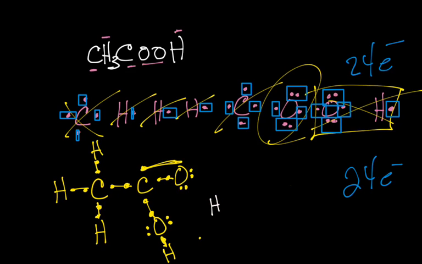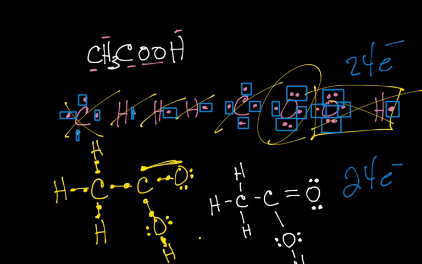So we have H connected to a C, H connected to a C, and then we have a double bond O with some paired electrons, and we have an O with some paired electrons connected to an H. So, sorry, it doesn't quite fit there.